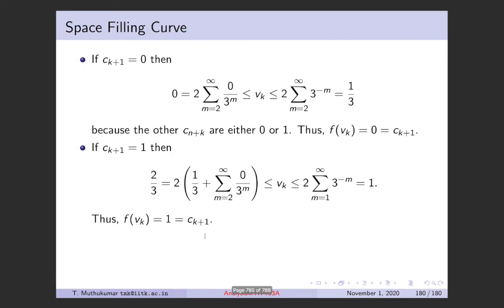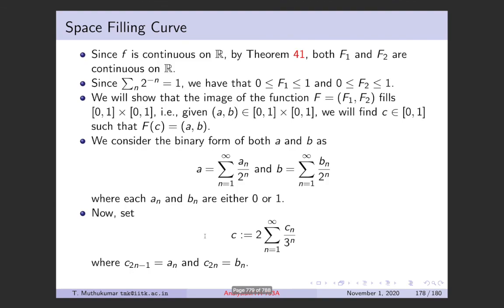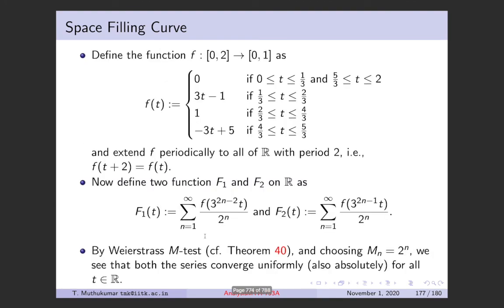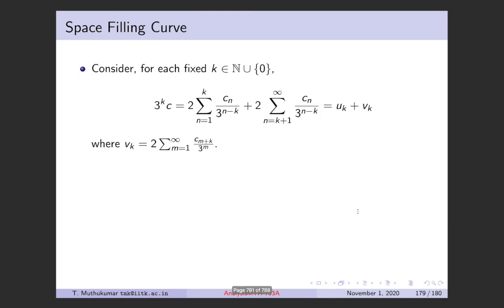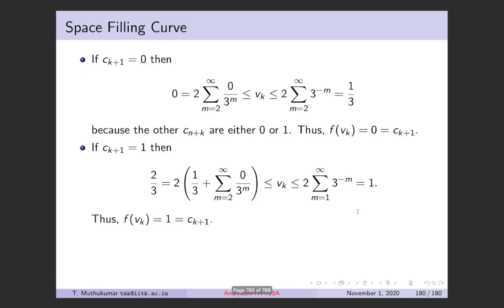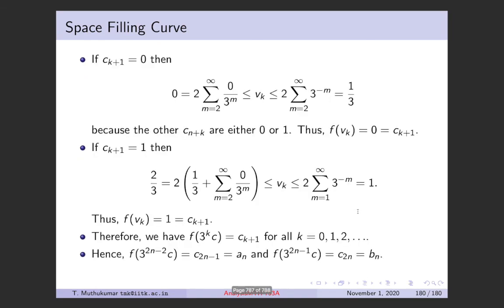Now let's go back to the definition of f1 and f2. Now we can put k equal to 2n minus 2, and we get this value. We put k equal to 2n minus 1, we get this value, right? That's what we are doing now. So you put k equal to 2n minus 2.